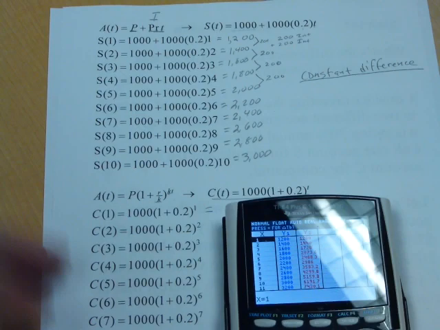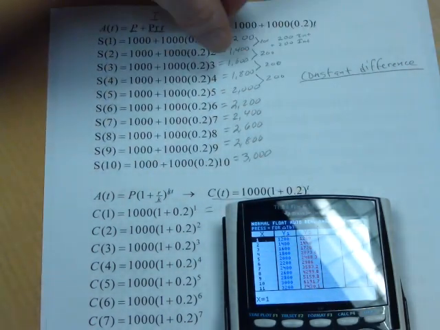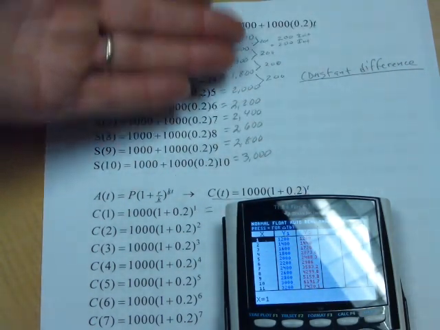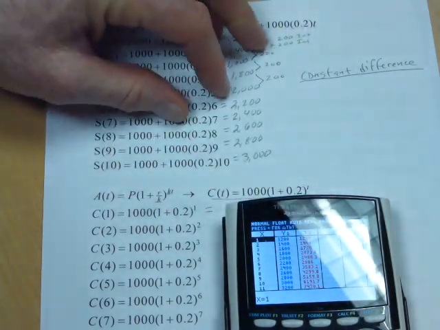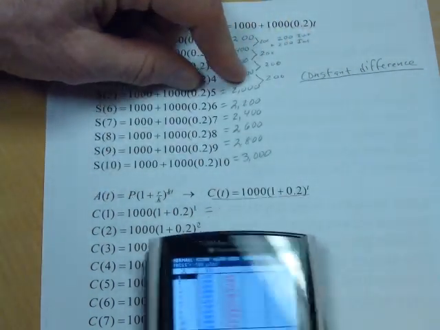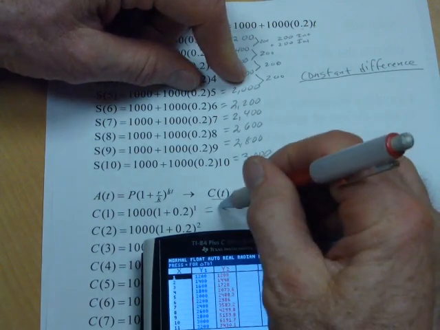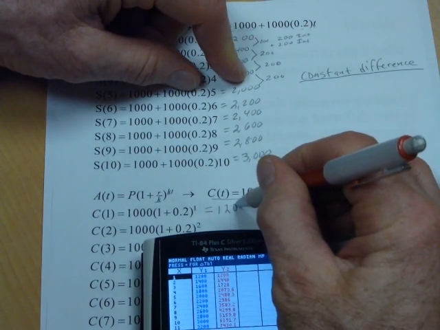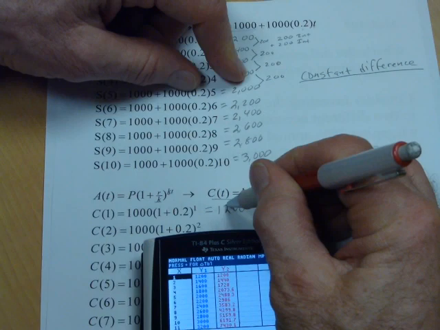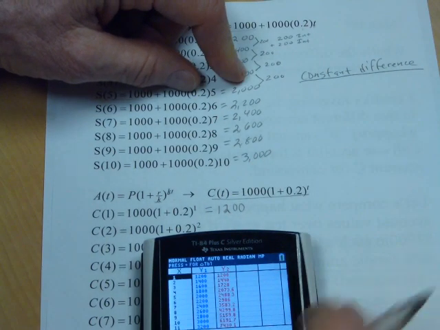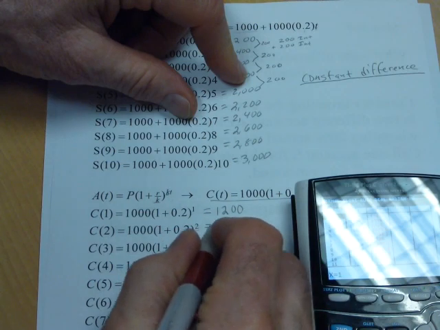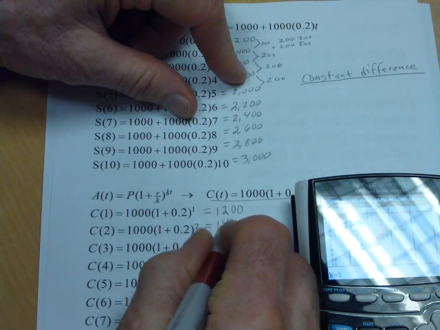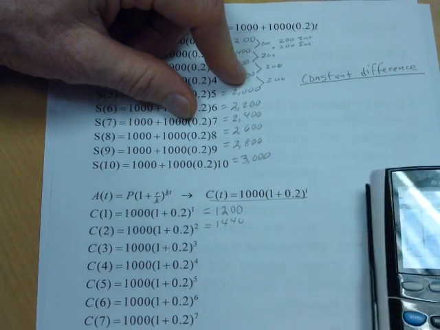And this has saved us quite a bit of work, because now, rather than going up by $200 every time, which didn't require the table, now we see that after the first year we earned $200 in interest. So this was $1,200. So it did go up by $200, right? But what happened the next year? It looks like it went up by how much?